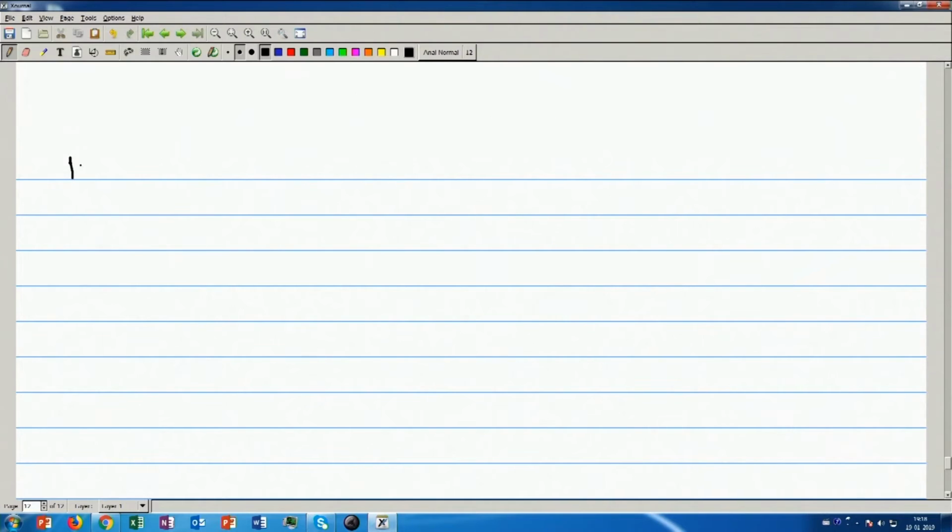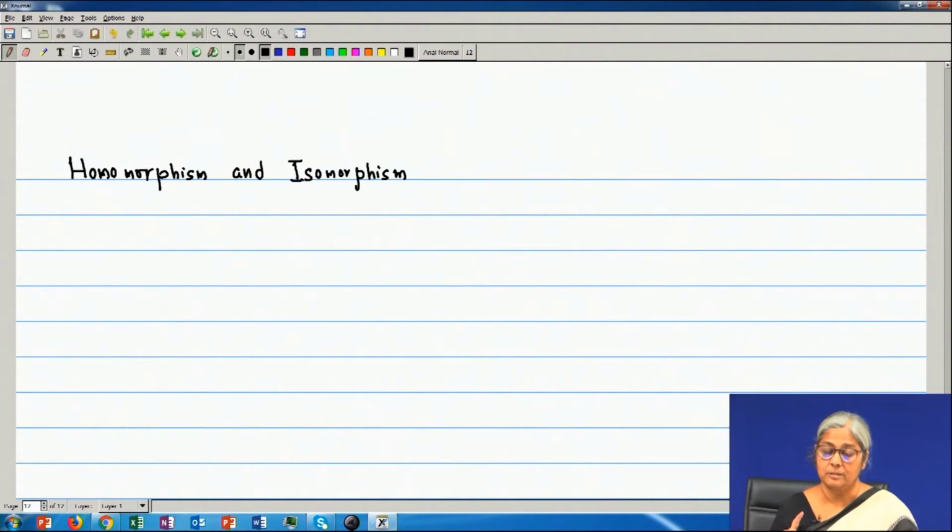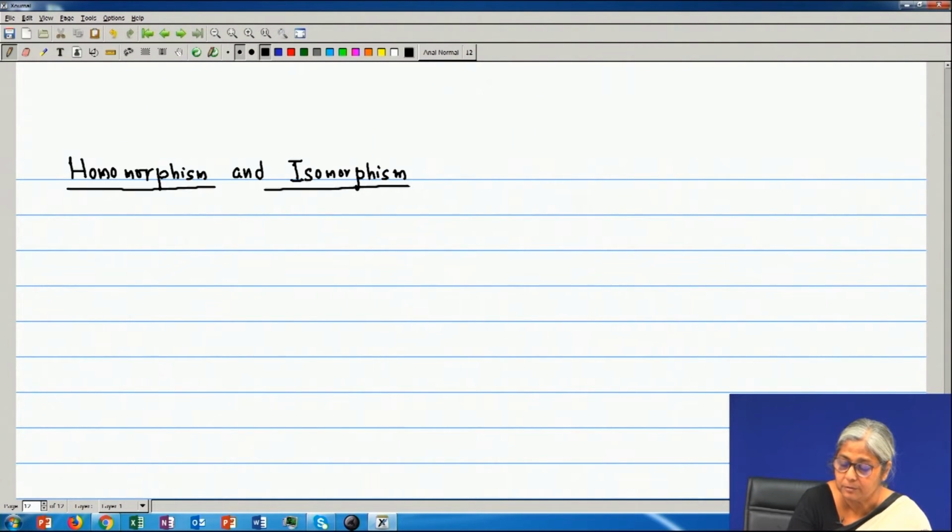So, we define mainly two, though there are other varieties also: the homomorphism and another important one, the isomorphism. We will show that if two algebraic systems are isomorphic, then they are structurally similar.